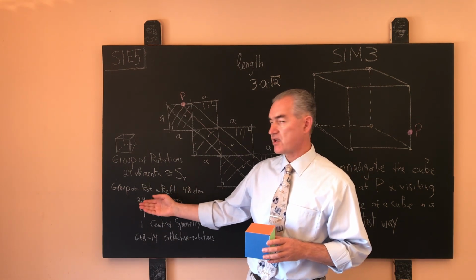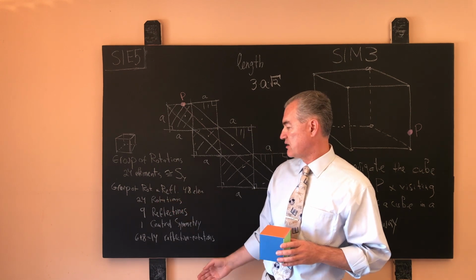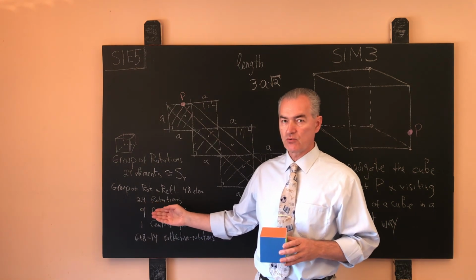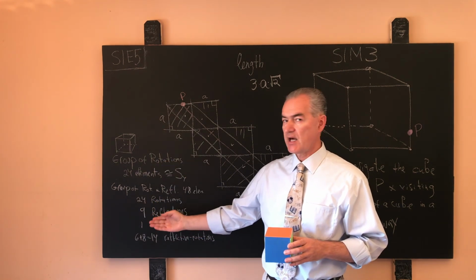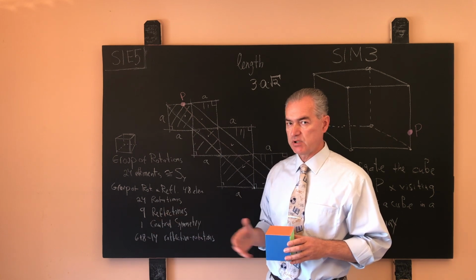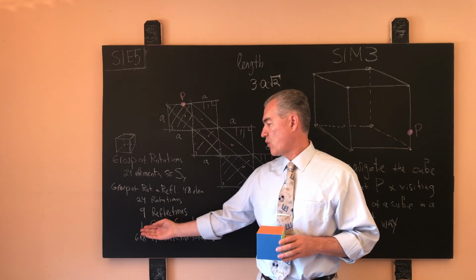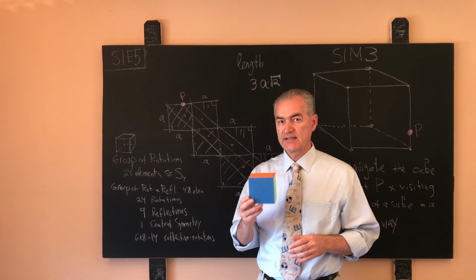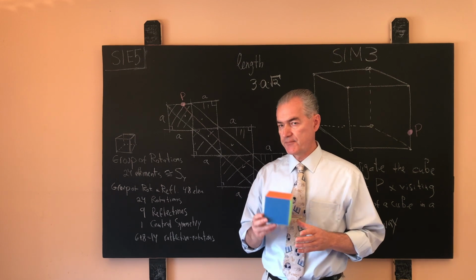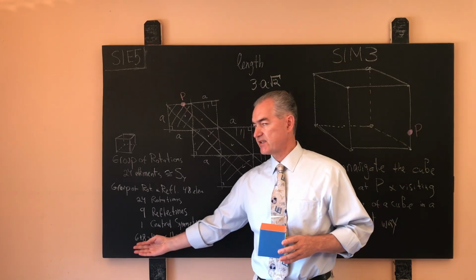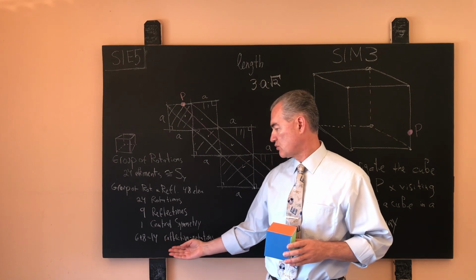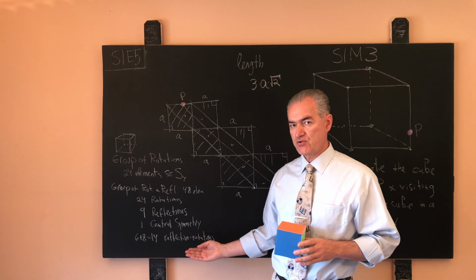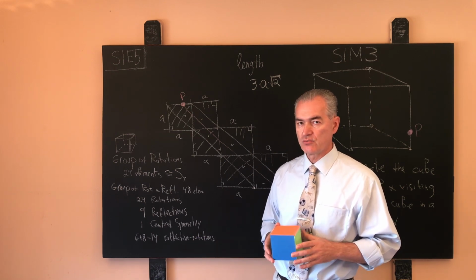Consequently, in the group of rotations and reflections of a cube, there will be 48 elements, of which 24 will be rotations from the previous group, 9 will be reflections in the planes of symmetry, 1 will be the so-called central symmetry, because a cube is a centrally symmetric figure, and there will be 6 and 8 or 14 so-called reflective rotations, which are very interesting geometric transformations in their own right.